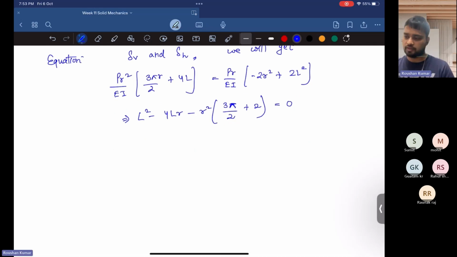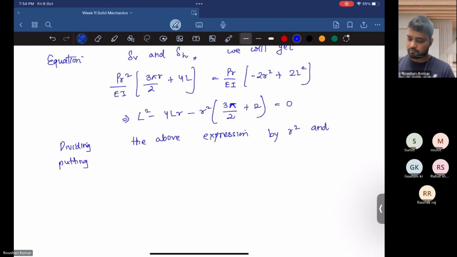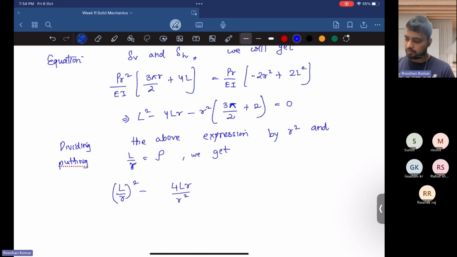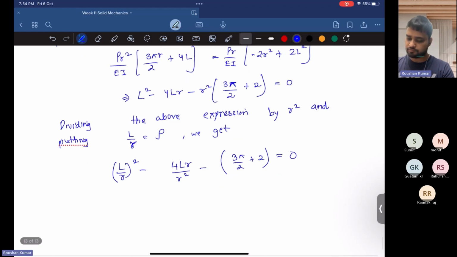Dividing the above expression by r square, small r square, and putting L by r equal to rho, we get rho square, so it becomes (L by r) whole square, minus 4Lr upon r square, minus 3 pi by 2 plus 2 equal to 0.